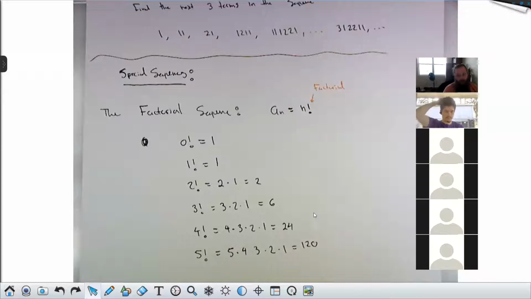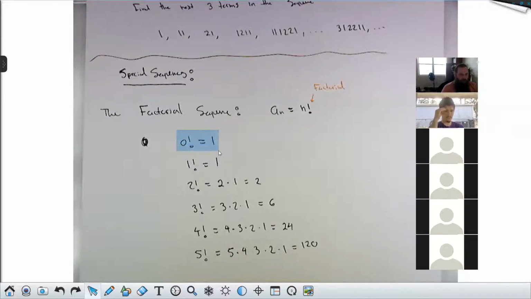Like Alexander was saying a minute ago, there are other functions that match up with sequences. But if you require the function to be smooth and log convex, meaning when you take the logarithm of it you get something that is still concave up, then the gamma function is the unique interpolating function for this.